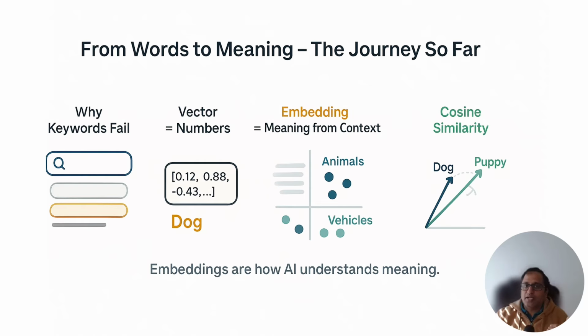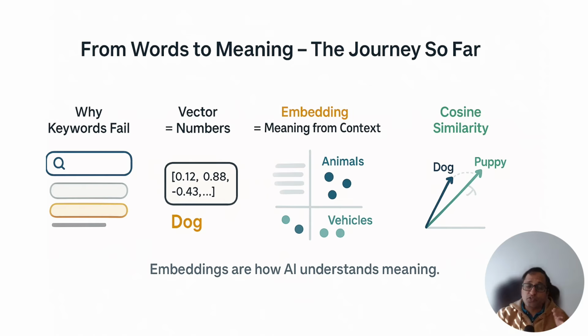Then we saw that these embeddings live in an embedding space, a map of meanings where related ideas cluster together. Finally, we learned how to measure meaning not by distance but by direction using cosine similarity. So in short, embeddings are how AI turns language into geometry and uses that geometry to understand and retrieve meanings.